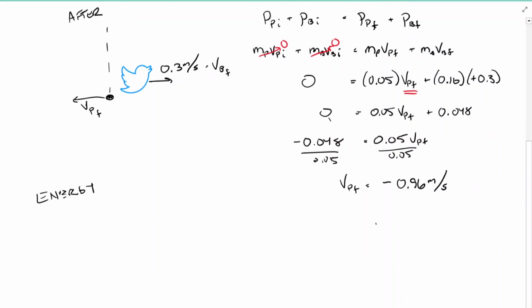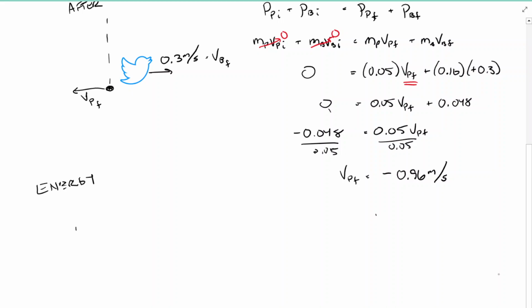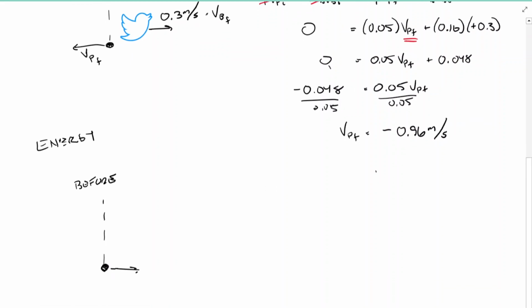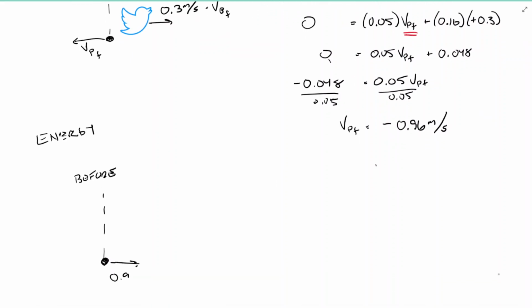So for that perch, let's look at our before situation, or our initial situation. Now this perch is sitting right here. Just from a visual standpoint, I'm going to have it moving to the right now since it's only the perch, and it's moving with 0.96 meters per second of velocity. And then later, it's going to be swung up here.